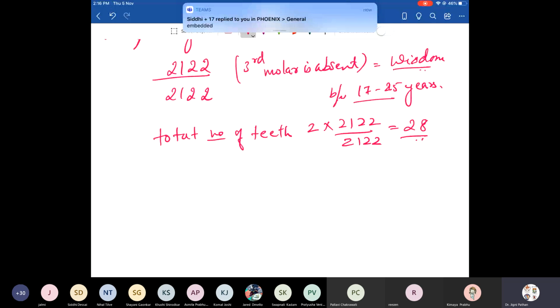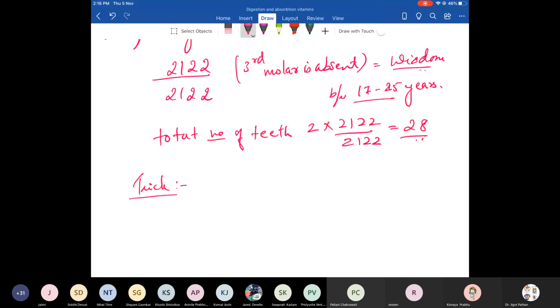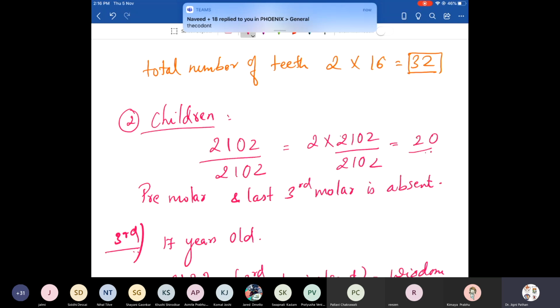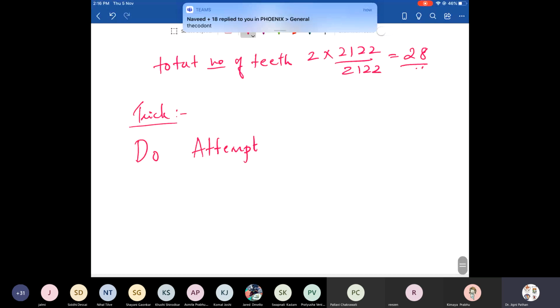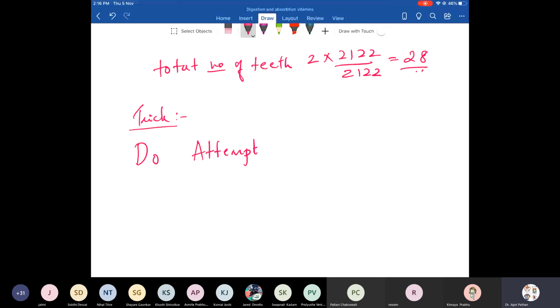So let us learn the trick to remember the teeth dentition. See, I have a suggestion for you all. Make separate notes only for the mnemonics, a separate sheet or book, whichever, so that it makes it easy.